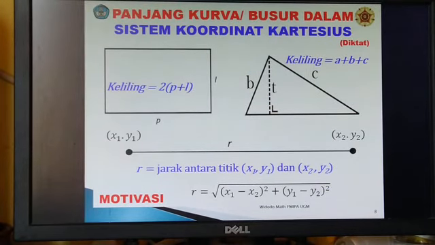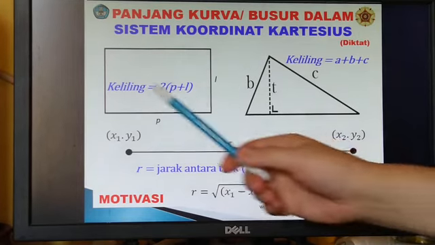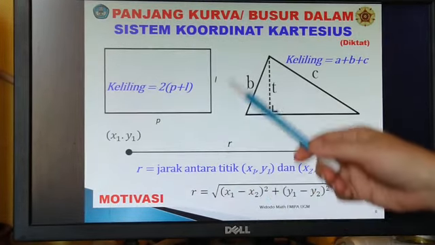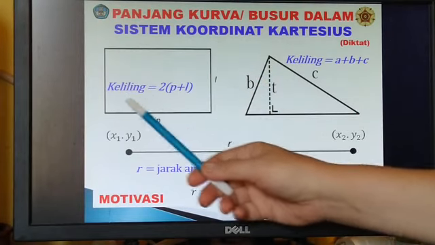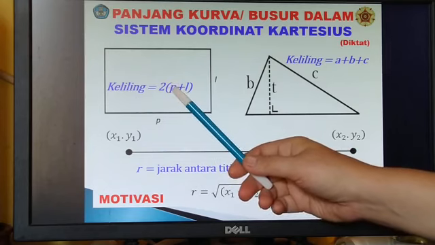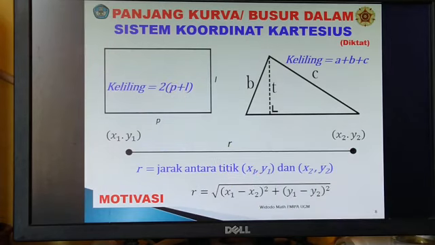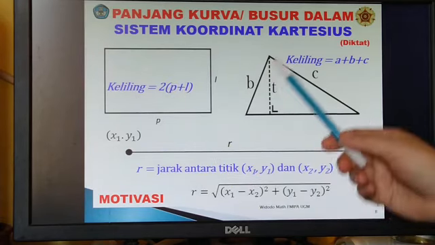As a motivation of our lecture, the arc length is motivated by the following fact. For instance, if we have a square like this, the circumference is 2 times p plus 1. Here we have a triangle.